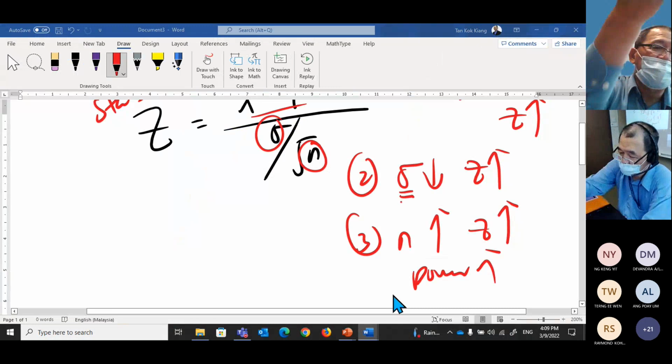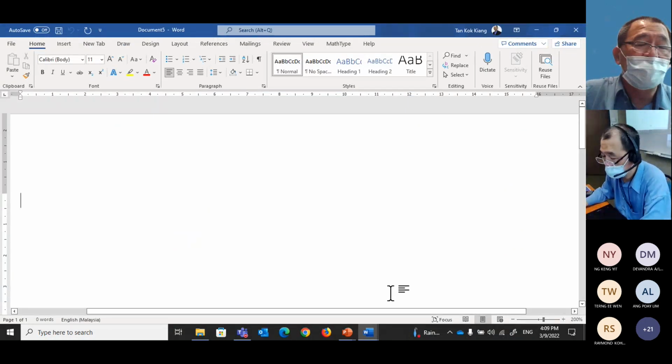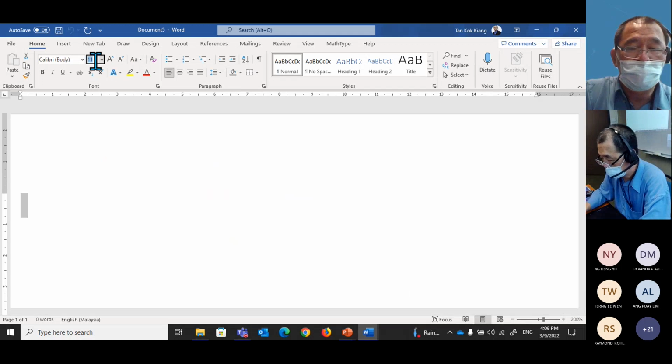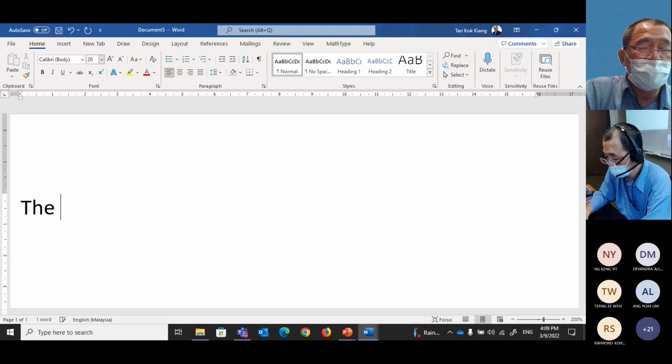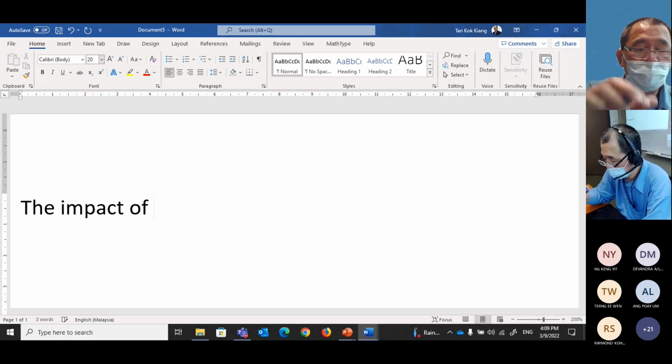Some of you may learn this and use this in your final year project, in your degree. For example, you want to study the impact of an independent variable on a dependent variable.